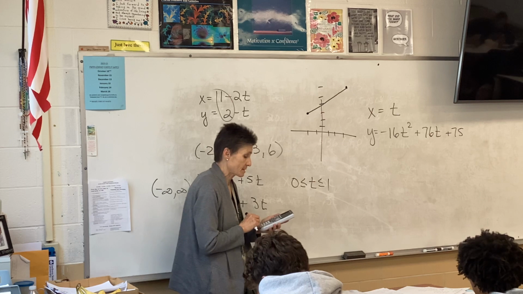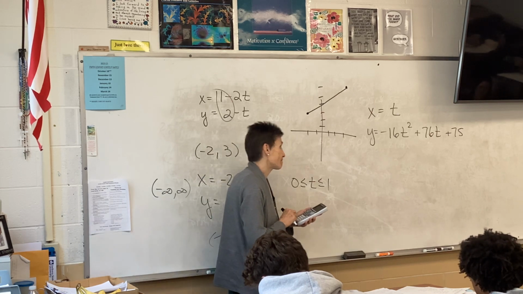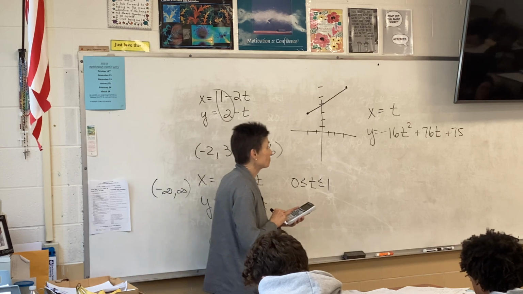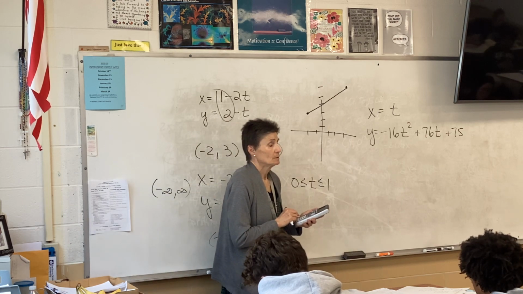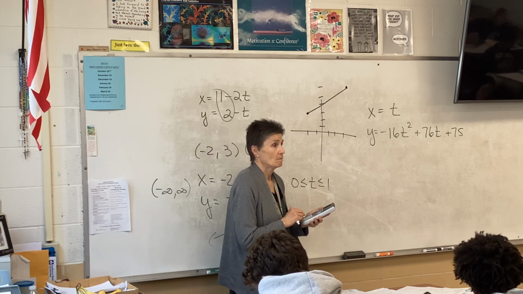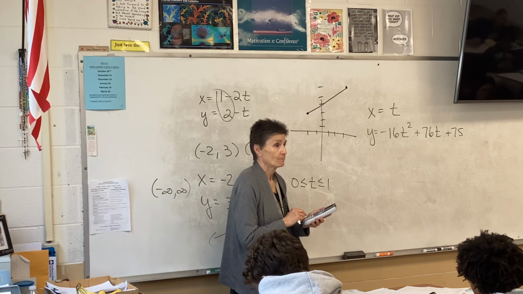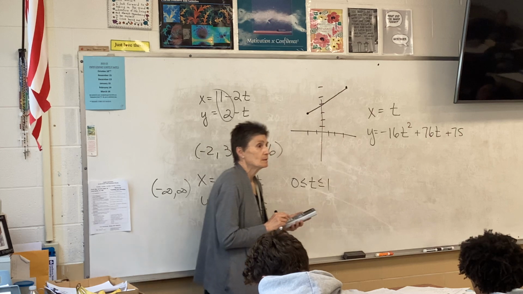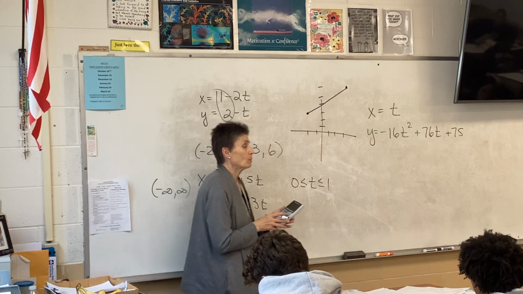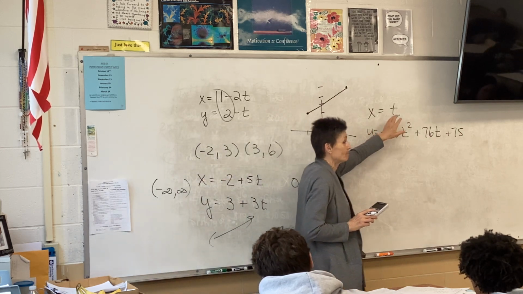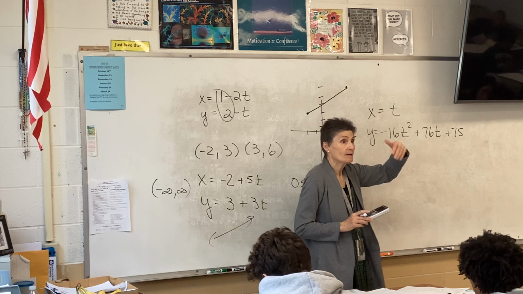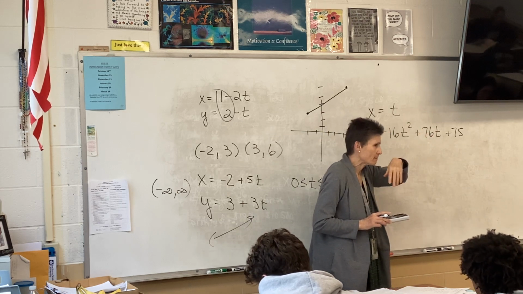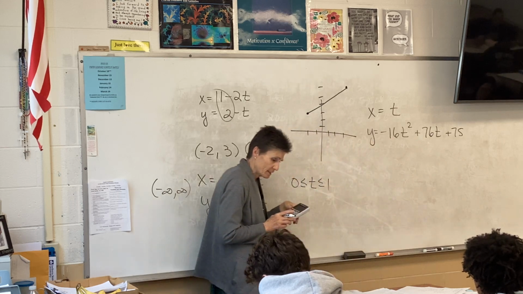Any thoughts on a t value? I think I'll just use 0 to 10 to start off. Remember, t is the time, and I'm shooting a ball up in the air and it's coming down. It's not going to be up there very long, so I think that'll be good enough.